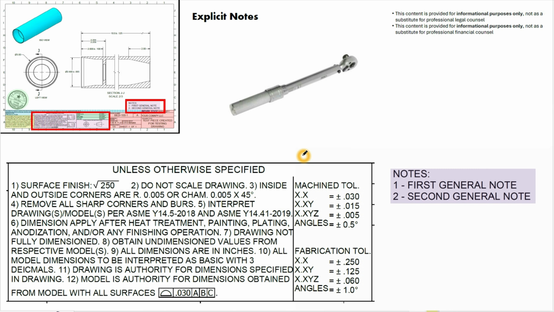Okay, the explicit variable notes that are listed here outside the title block are notes that can continuously change. So these could be details such as, use this specific torque wrench whenever you're assembling my product. Use this specific lubricant whenever you're assembling these parts and whenever these parts are touching.